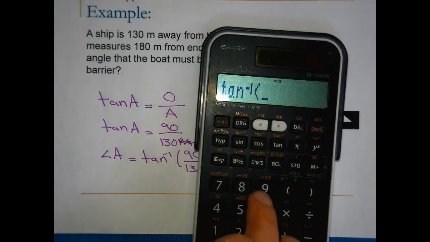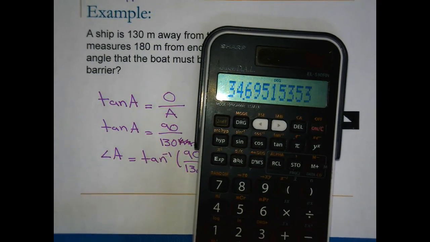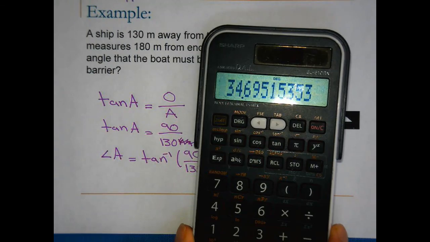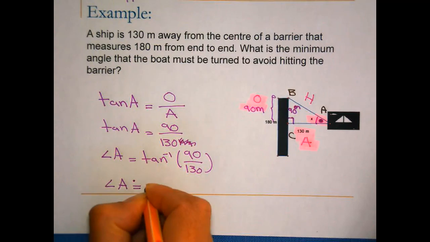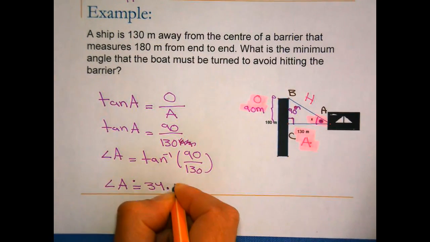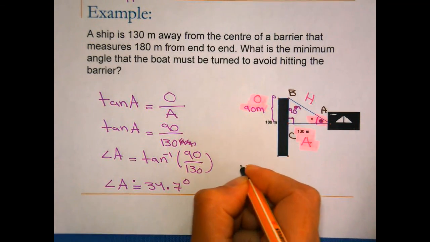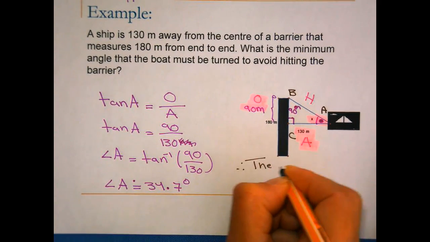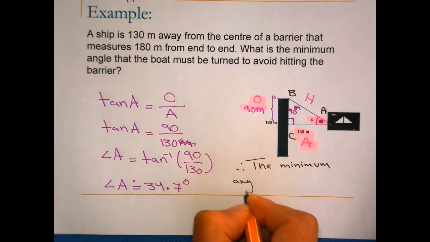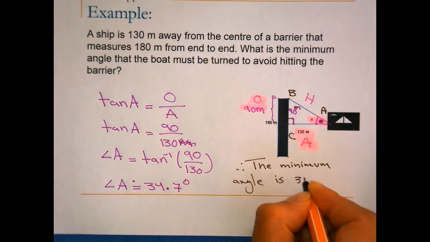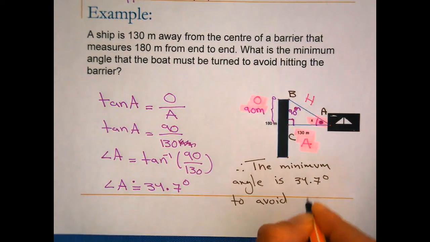Inverse tan of 90 divided by 130 is approximately 34.7. So angle A is approximately 34.7 degrees. So then we are going to say the minimum angle is 34.7 degrees to avoid the barrier.